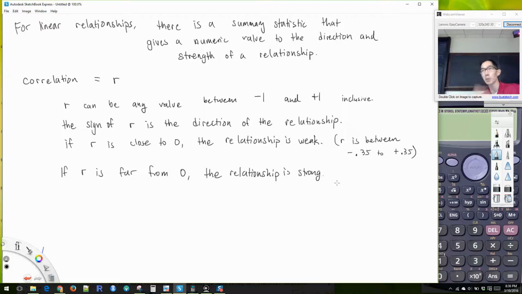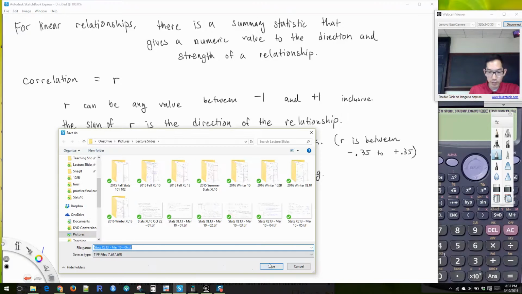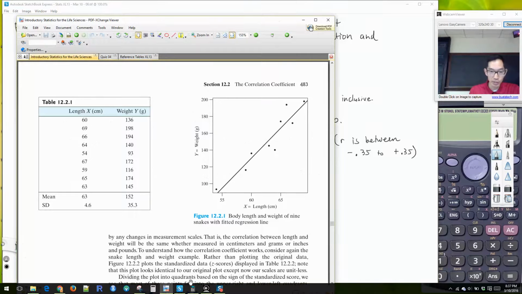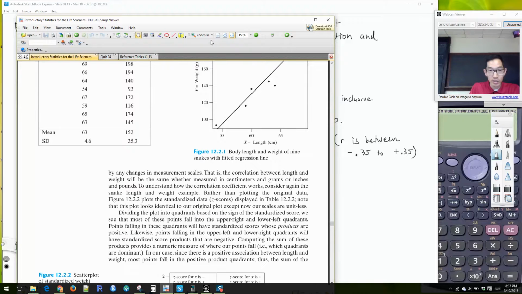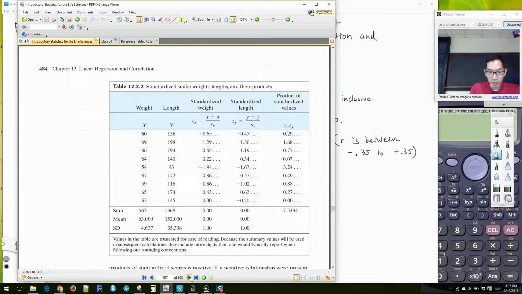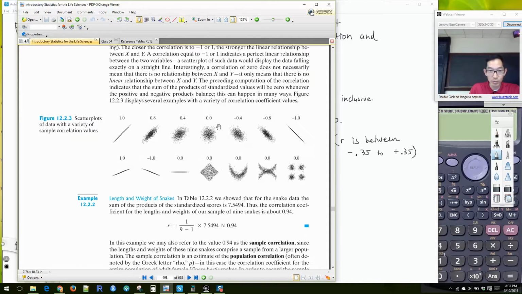If you're talking about people, you'd get very excited and say there's a strong relationship when R is something like 0.6, because people are a lot more unpredictable than machines. Okay. So, we have this nice summary diagram in the textbook that I would rather just copy over. So here we go.